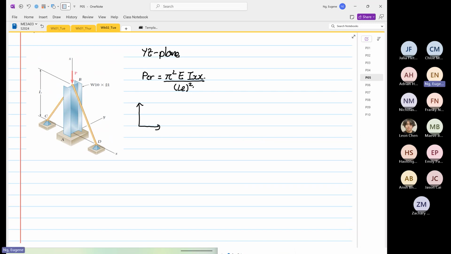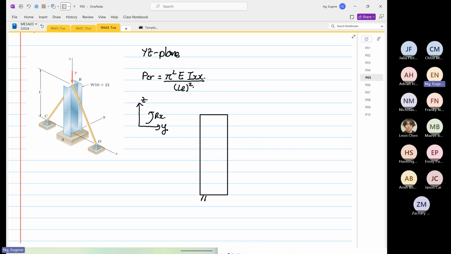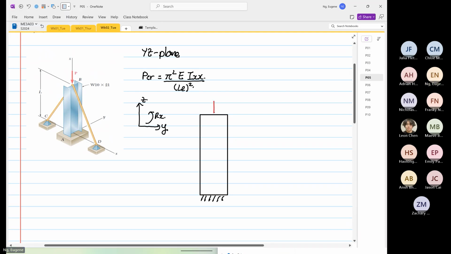This is our Y, and this is our Z, and then we have rotation about X. Now our structure will look like this. One end is built in, and then we have a load P coming down.